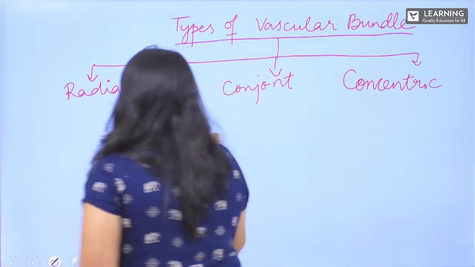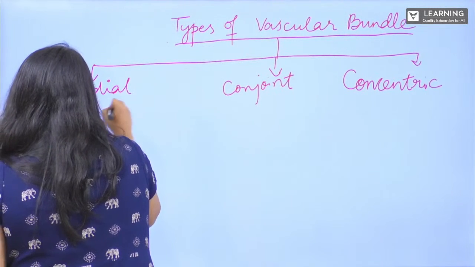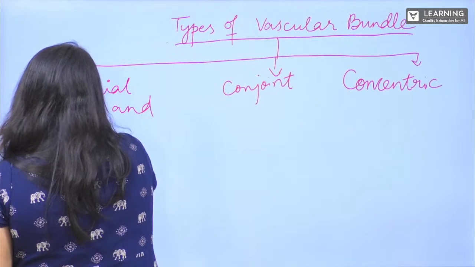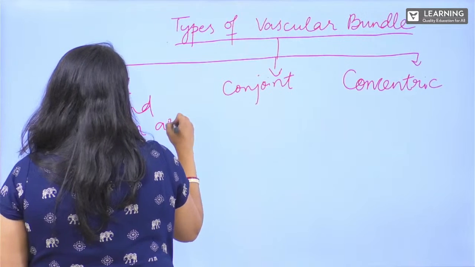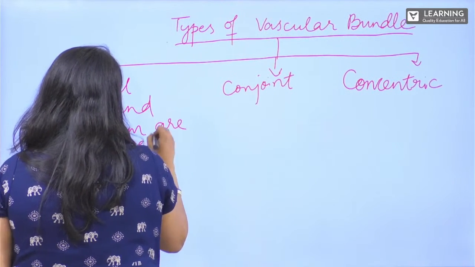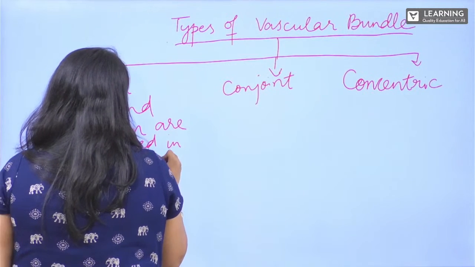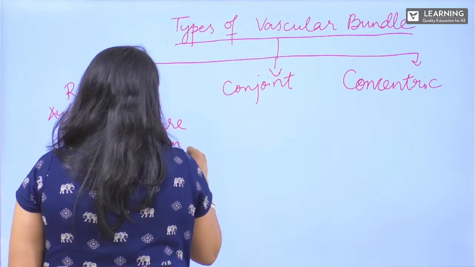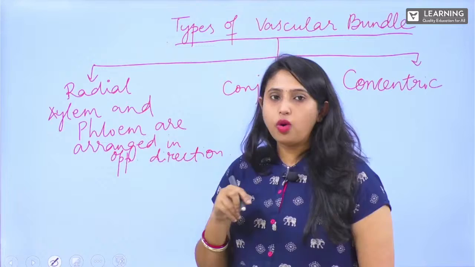So the xylem and phloem are arranged in opposite direction. They are not together. They are not close to one another.